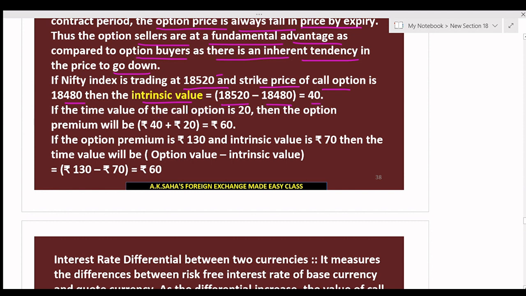If the time value of the call option is 20, then the option premium will be 40 plus 20, equal to 60. If the option premium is 130 and the intrinsic value is ₹70, then the time value will be option premium minus intrinsic value, that is 130 minus 70, equal to 60.